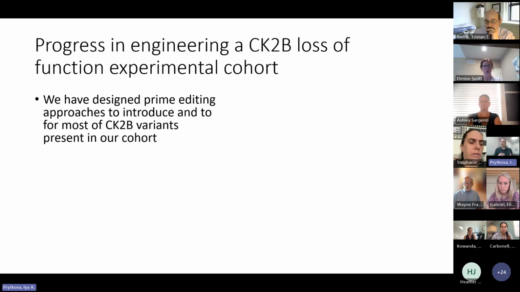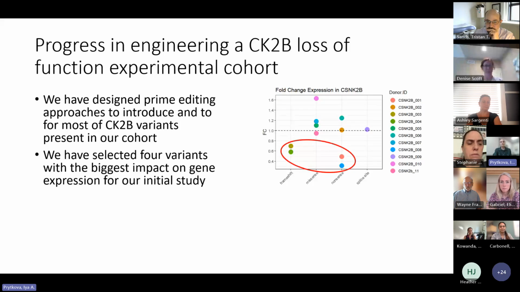So we have designed prime editing approaches to introduce and to correct the variants present in our cohorts. Shout out to B for leading the charge on that. And we have selected 4 variants with the most prominent loss of function as our first cohort for studying CSNK2B mutations.